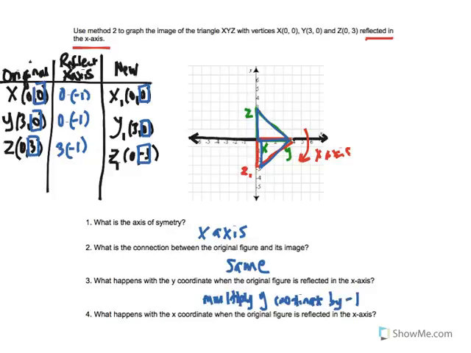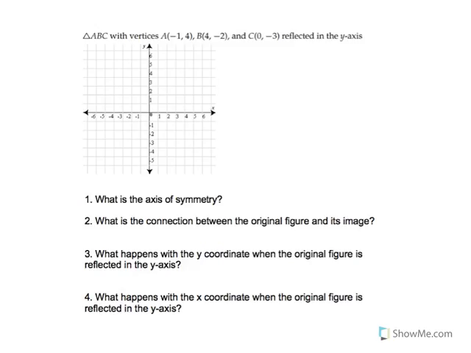What happens with the x-coordinate when the original figure is reflected in the x-axis? We multiply x. Oh no, x stays the same.